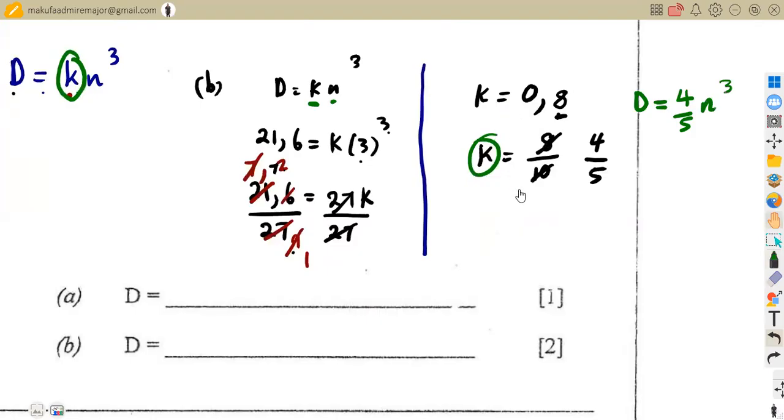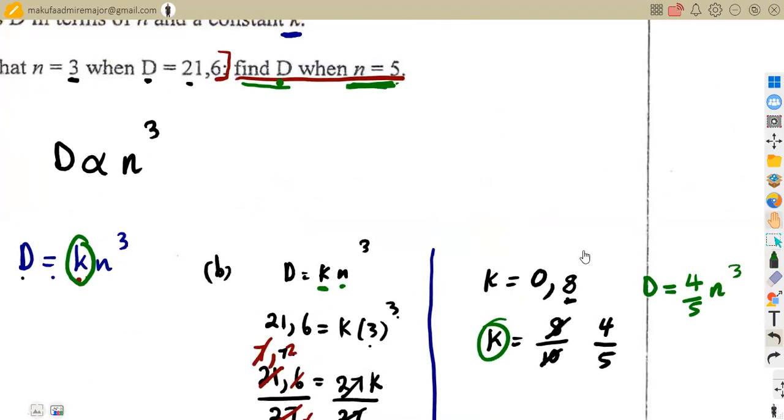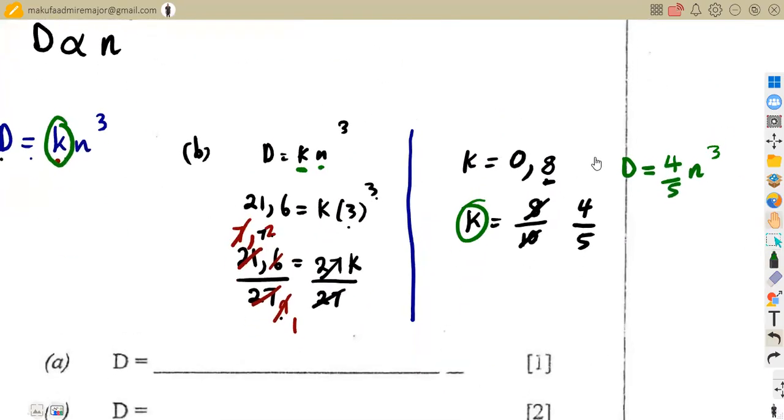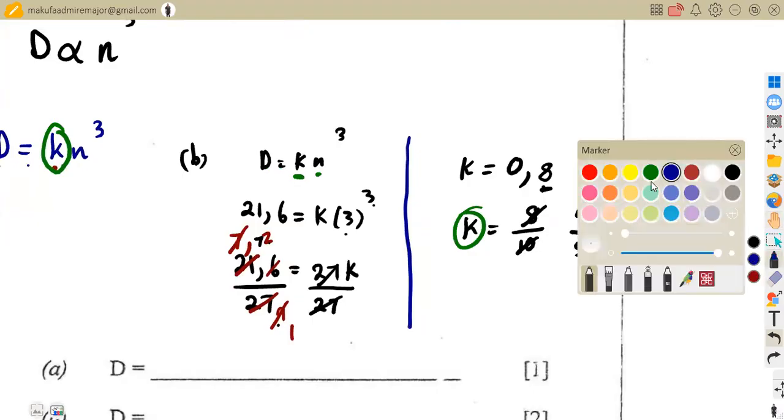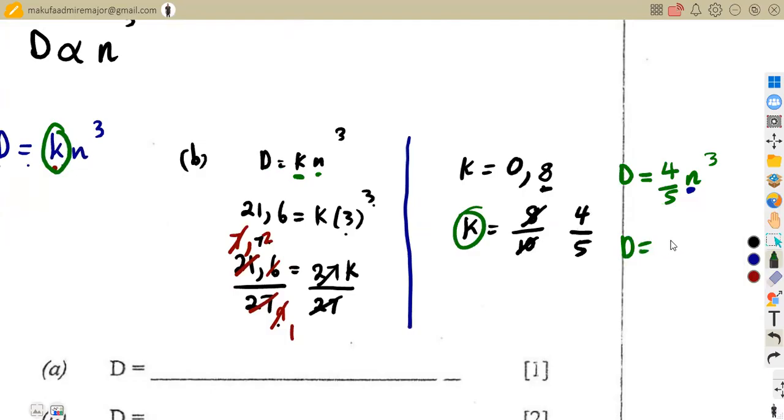But remember, we are supposed to find d given that n is 5, so we substitute the value of n, which is 5. That is going to give us d is equal to 4 over 5 times 5 to the exponent of 3. That's 5 times 5 times 5, which is going to give us 125.